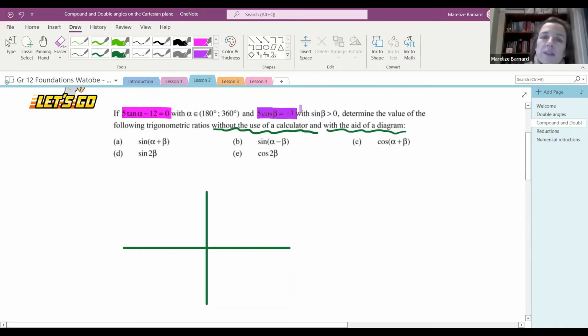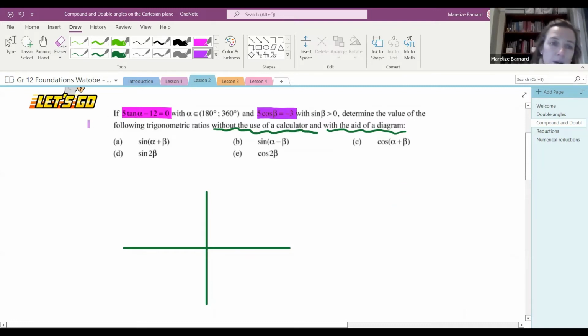Now that you know about compound angles, you must start thinking. If you glance over the questions, alpha plus beta, alpha minus beta, etc., the compound angles are there, and then it's sine 2 beta, cos 2 beta, so the double angles are there as well. Basically you're going to draw a sketch, and use that sketch to answer the questions that are given.